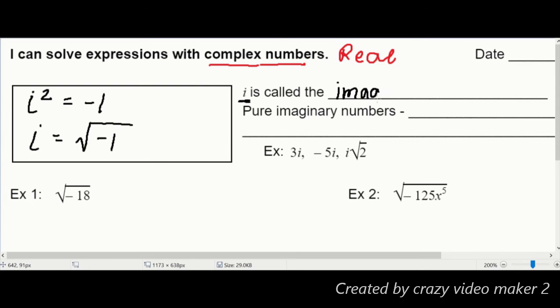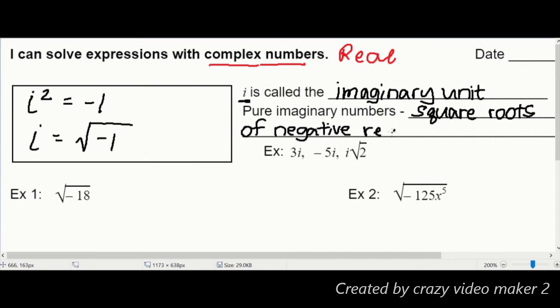Imaginary unit. So with that imaginary unit, when we're talking about pure imaginary numbers, so the pure versus unpure, these are square roots of negative real numbers.